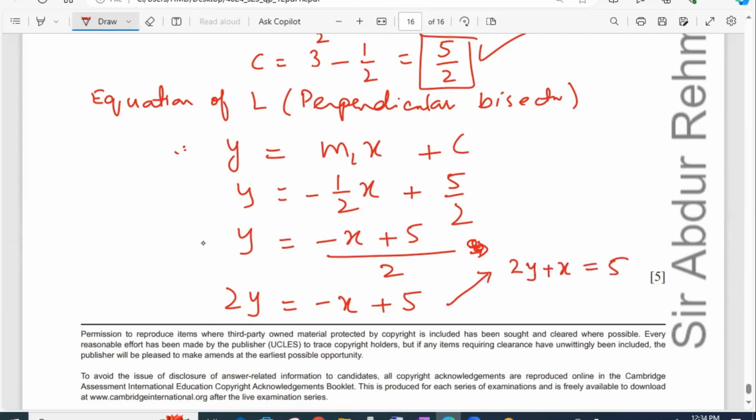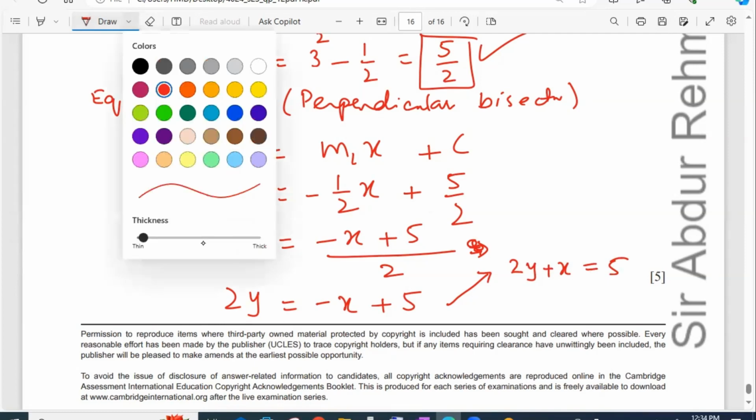So you have to show this 2y plus x equals 5 is the equation of line L. So this is our answer, shown.